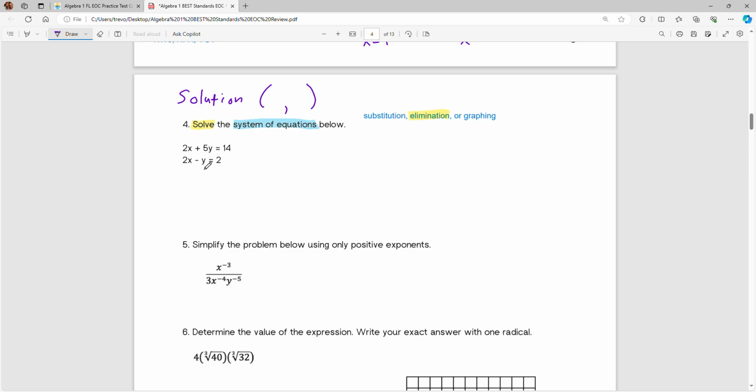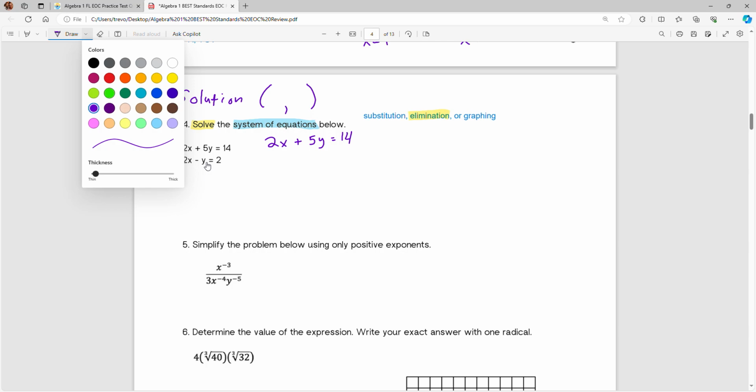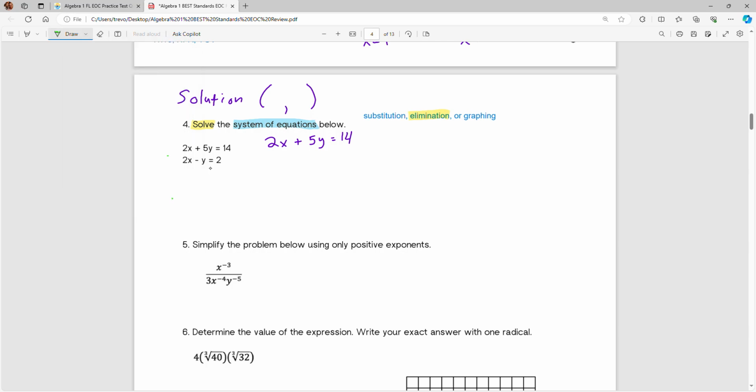So when I'm solving this, I'm going to rewrite my first equation just as it is: 2x plus 5y equals 14. And then my next one, I want to be able to combine my 2 equations and have the x variables cancel out. So I'm going to multiply both sides of this times -1.